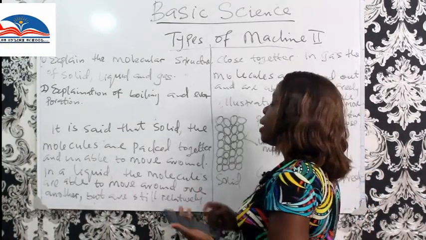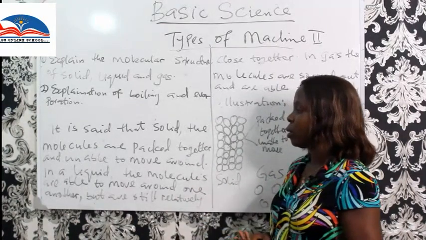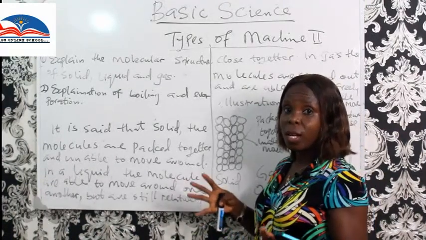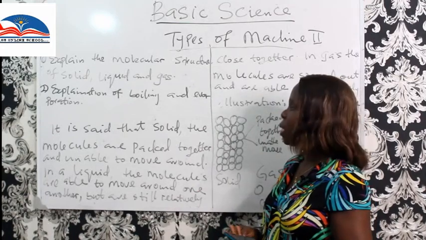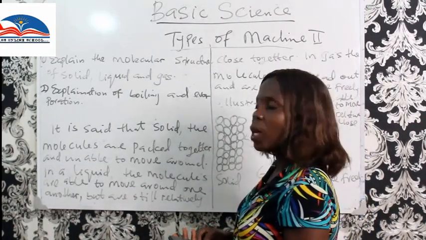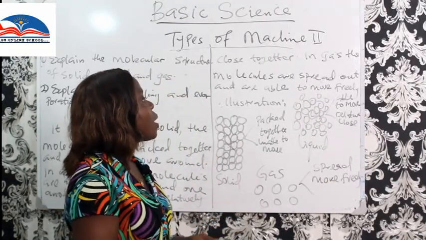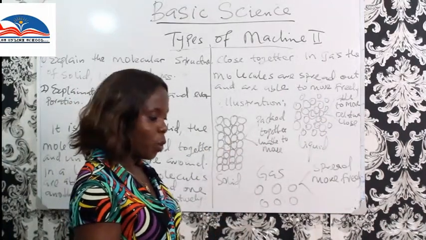Then in liquid, the molecules are able to move around, but are still relatively close together, but not as much as it is in its solid form. Then in the gaseous form, the molecules are spread out and are able to move freely.